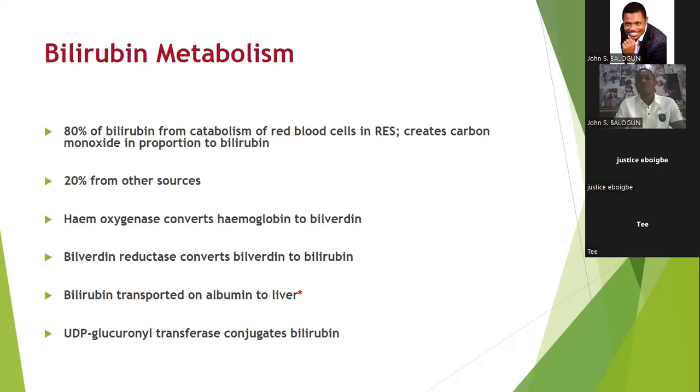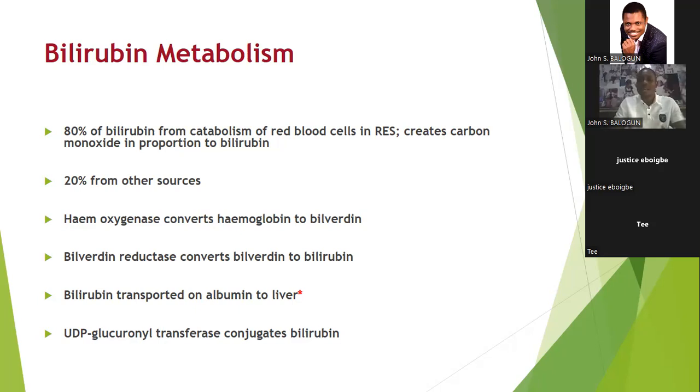So it is in the hepatocyte that you now have the conjugating enzyme. The enzyme there is the UDP glucuronosyltransferase enzyme, that's uridine diphosphoglucuronosyltransferase. So it's that enzyme that conjugates bilirubin.